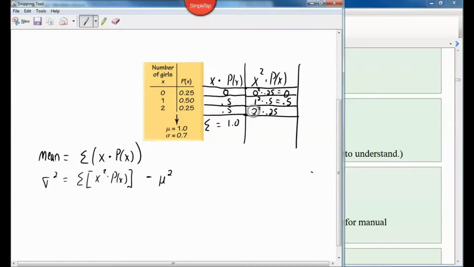So 2 squared is 4. 4 times 0.25 is 1. To find the sum of those, add 0, 0.5, and 1 together, and you get 1.5.